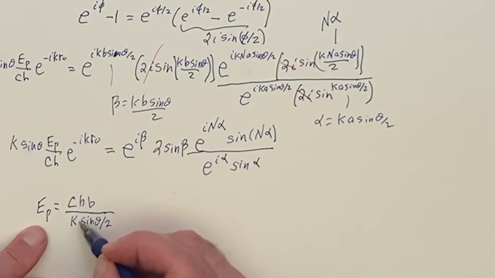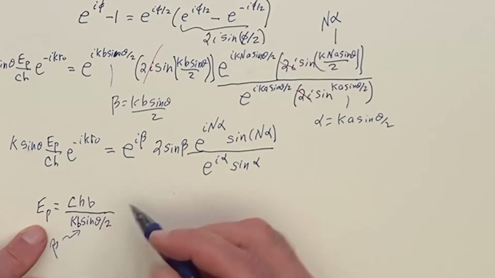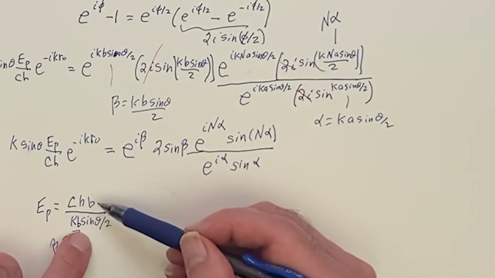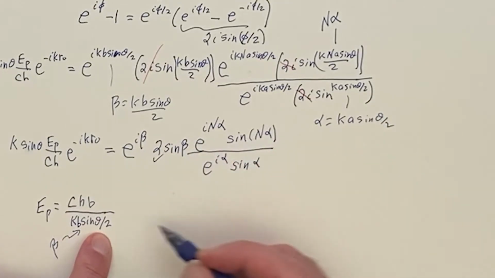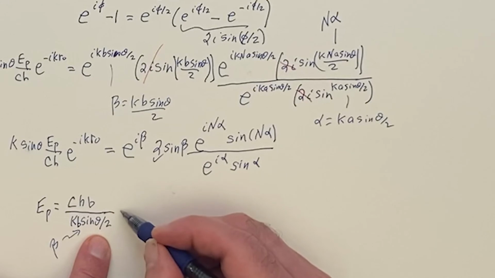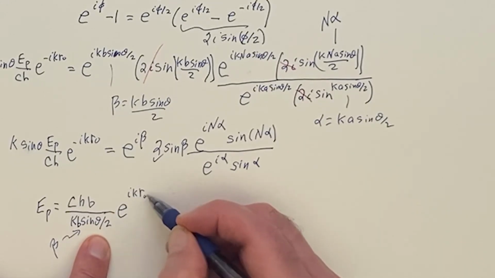And if I put a b here and a b there, then this will be a beta. So the b's cancel, and the 2 flips up to give me that 2. That 2's accounted for. And then I'm going to have e to the plus i k r naught.